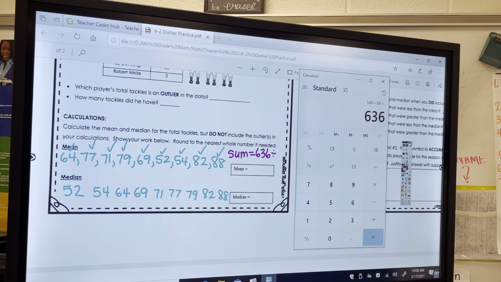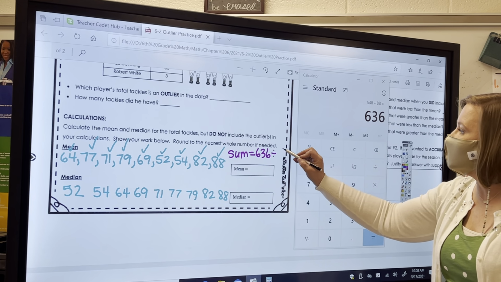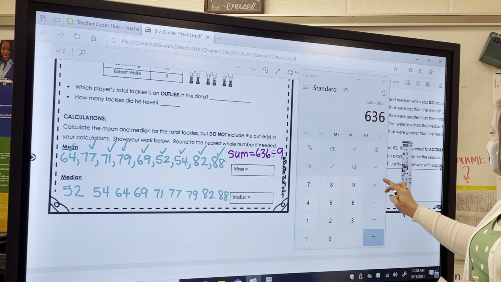Now, the second step is to divide by the number of numbers. How many numbers do we have? 9. So I need to divide by 9.